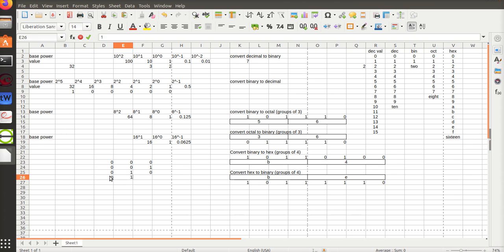0 1 1 1 1 1 0 0. Now, from a decimal standpoint, this is equal to 0 1 2 3 4.